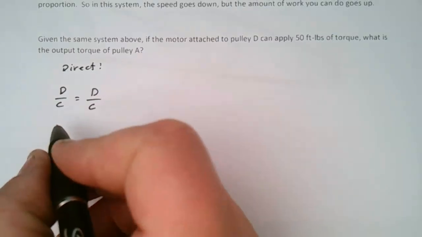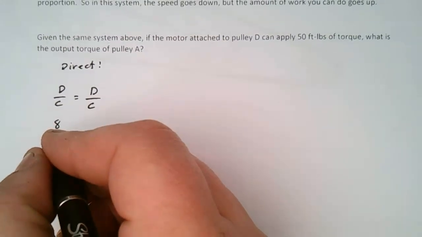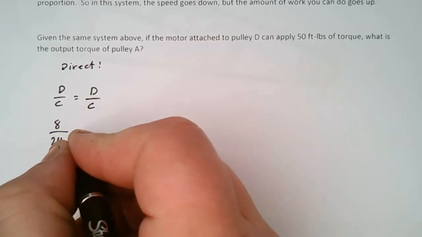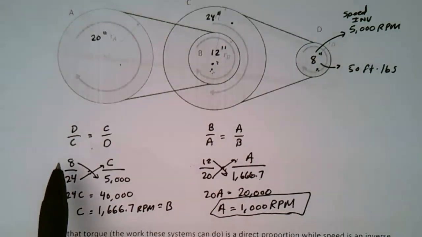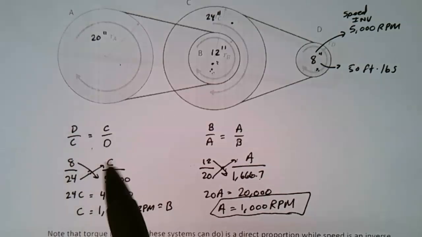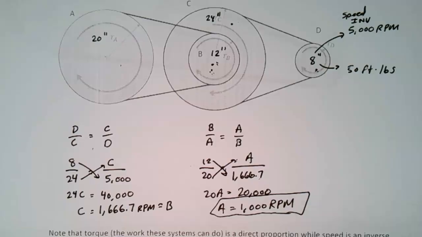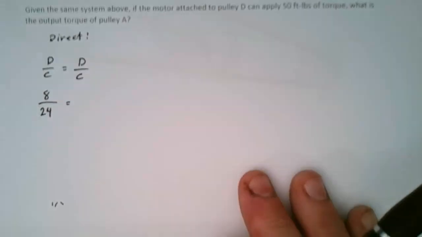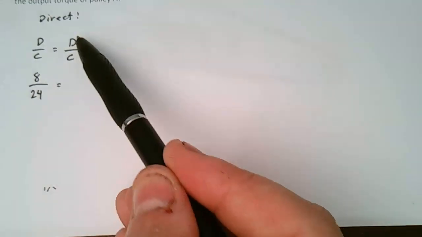And so the direct proportion is going to be 8-inch diameter over a 24-inch diameter, which is the same thing we started with in our speed calculation, 8 over 24. So we said D over C equals C over D, 8 over 24. Here, we're going to say D over C, 8 over 24, but we're not going to flip these.